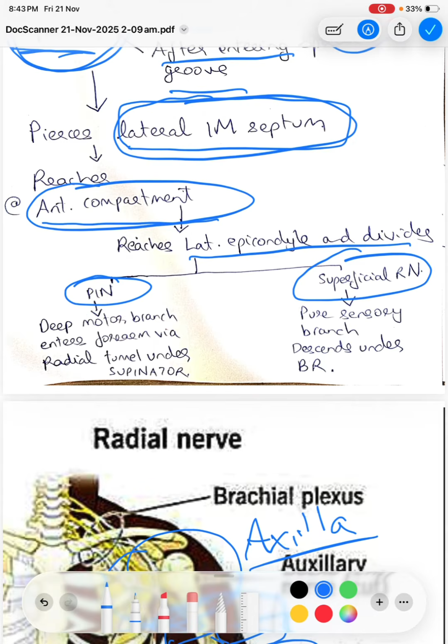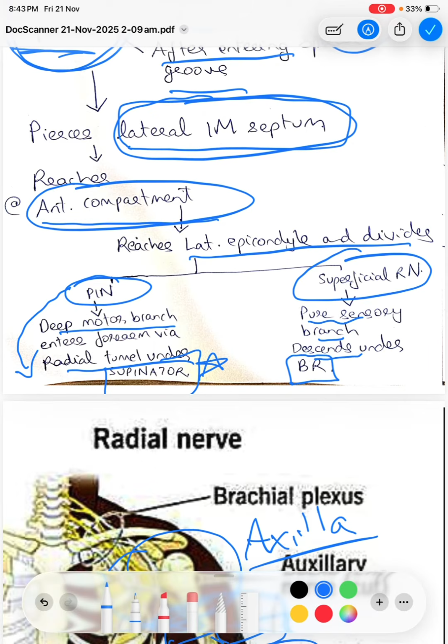The posterior interosseous nerve is the deep motor branch which enters the forearm via the radial tunnel under the supinator. Am I making sense? So PIN enters the forearm under the supinator. However, the superficial radial nerve is a pure sensory branch which descends under the brachioradialis.